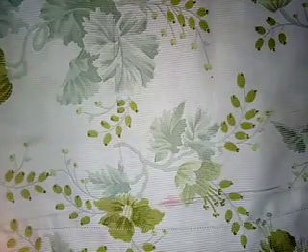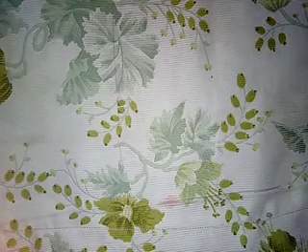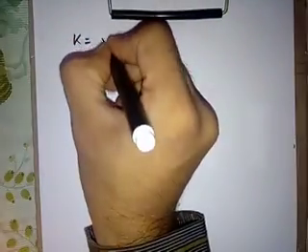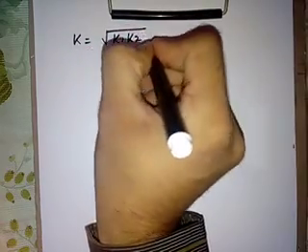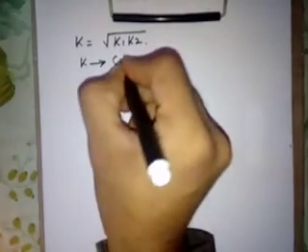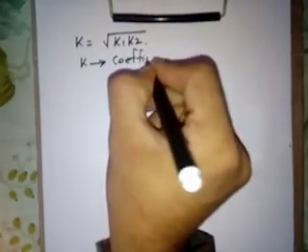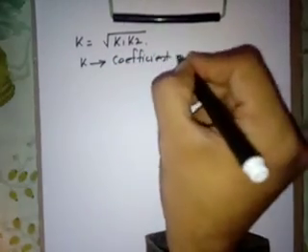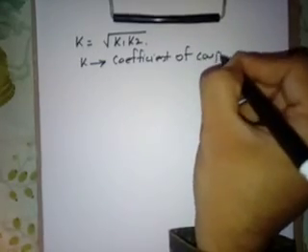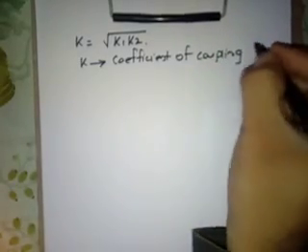The square root of K1 K2, I am taking it as K, where K is the coefficient of coupling between two circuits, between the two coils.